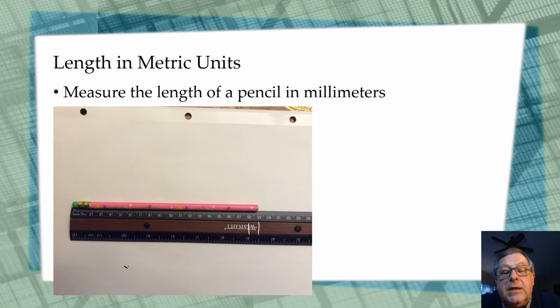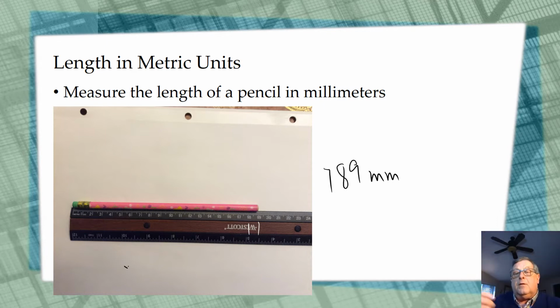So I'm going to say that this is 189 millimeters. And remember, I'm making an estimate on that last digit. It's definitely 180 millimeters. Might even be 190, but I don't think it quite gets to the 190. So I'm going to say 189 millimeters.